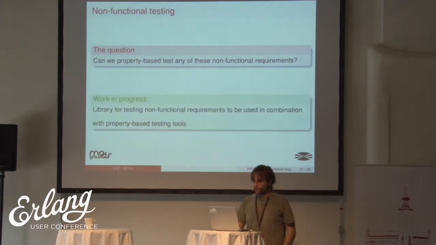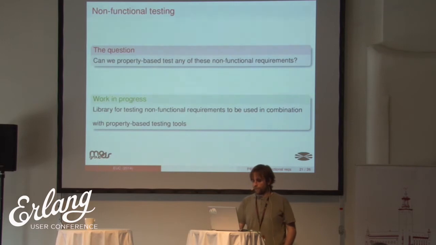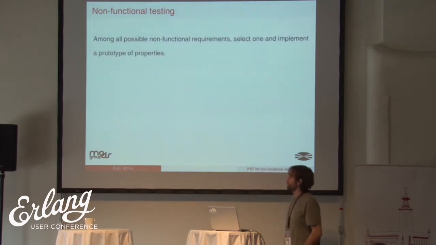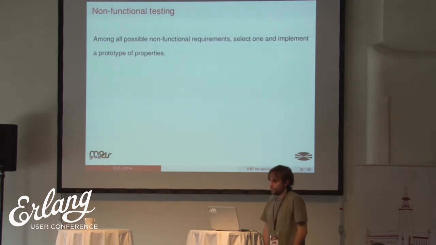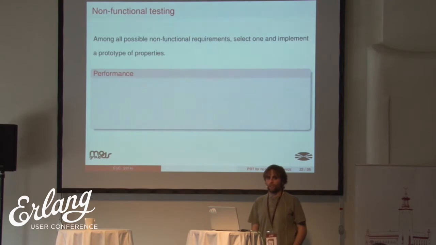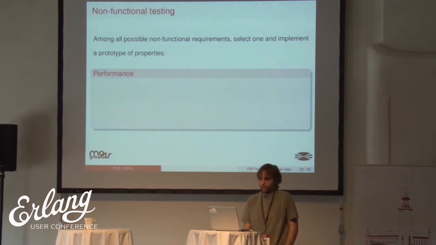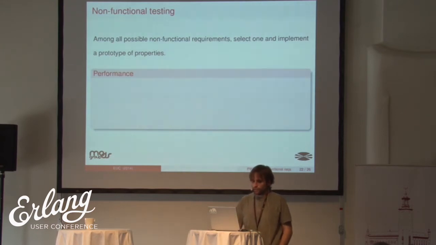The work in progress I told you about is a prototype of a library to test non-functional requirements. Among all possible non-functional requirements, I selected performance, which is the typical one, the first requirement that arises when we are dealing with non-functional requirements.